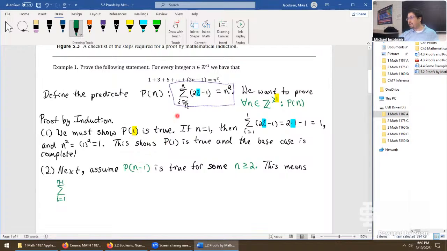So that summation from i equals 1 to n minus 1 of the same structure, the odds 2i minus 1, will be equal to not n squared, because this time it's going to be (n minus 1) squared. Okay, so in green, this is assuming that the predicate P(n-1), with n minus 1 dropped in that location and that location, is actually true. We're going to make that assumption directly. Any questions at all, folks, with this assumption here?